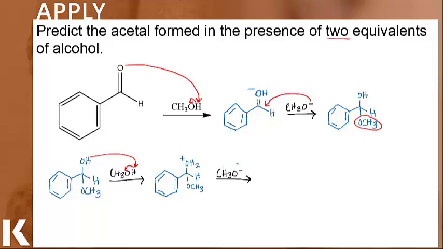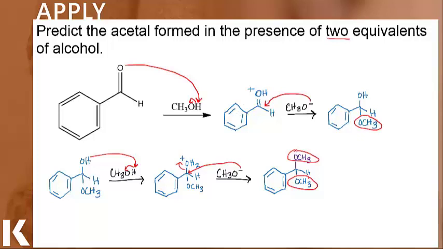In our next step here, we're going to have our methoxy come in and attack that partially positively charged carbon, thereby allowing my water here to leave. At the end, we end up with a full acetal, meaning that I have two OR groups that are attached.